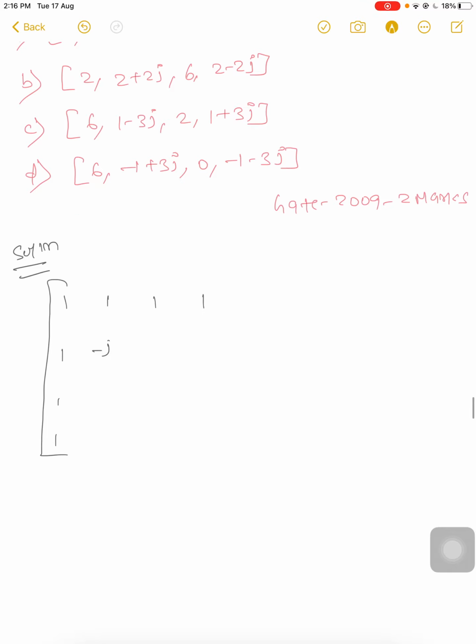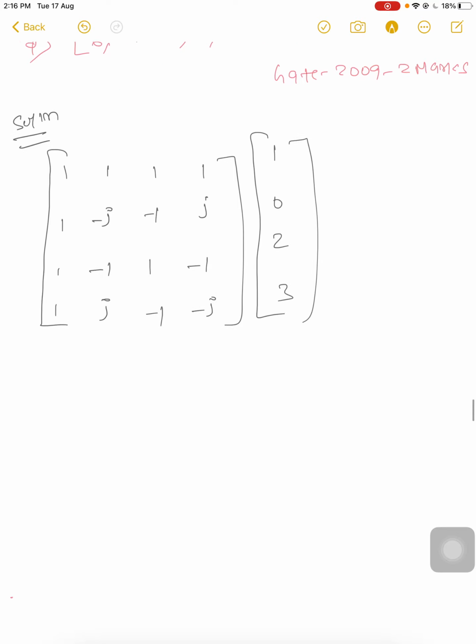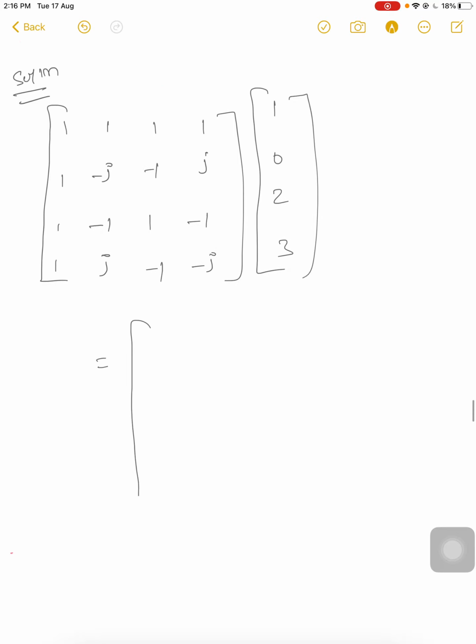After that -j, -1, j, then -1, 1, -1, j and -1 and -j, and whatever the points are given, 1 0 2 3, and take it to simplification.